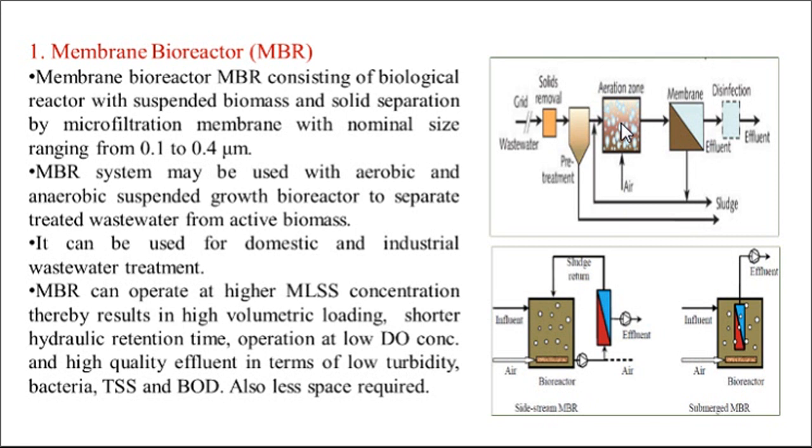After that the total waste comes to the membrane filtration. Here the membrane is provided, and due to the membrane, solids and microorganisms are retained here, and the clear water comes out here and is then taken to the disinfection unit. Whatever solids are generated here are taken out like this, and if required some recirculation of biomass is done like this.